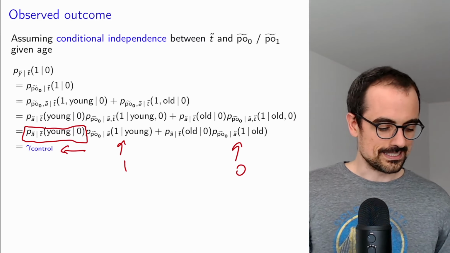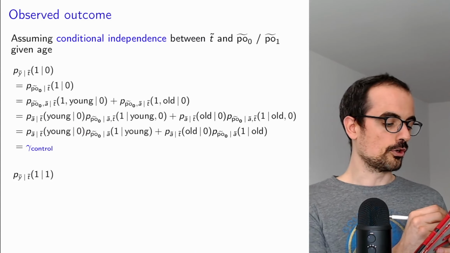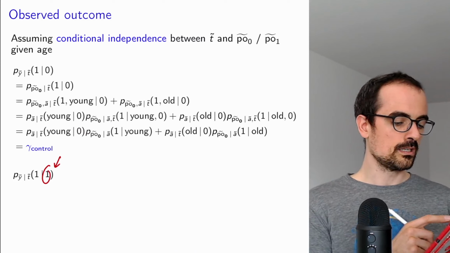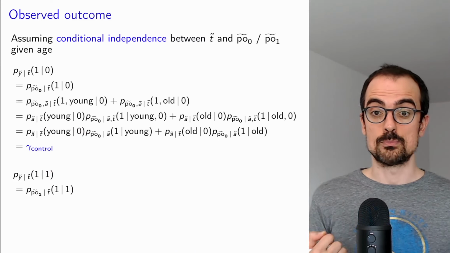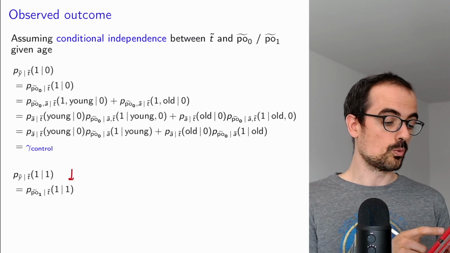Something very similar is going to happen for the treatment group. If we condition on treatment being equal to 1, in that case, we see the potential outcome associated with 1, but conditioned on treatment being equal to 1.